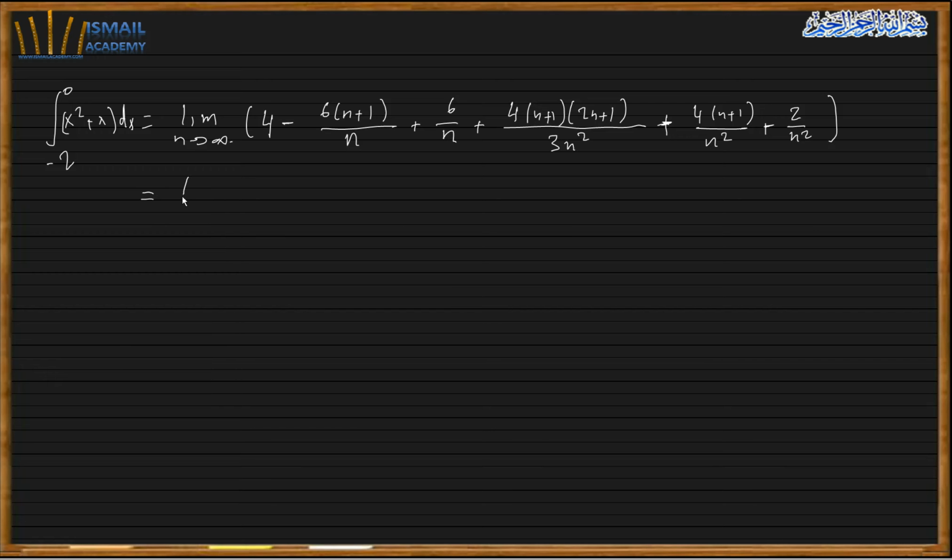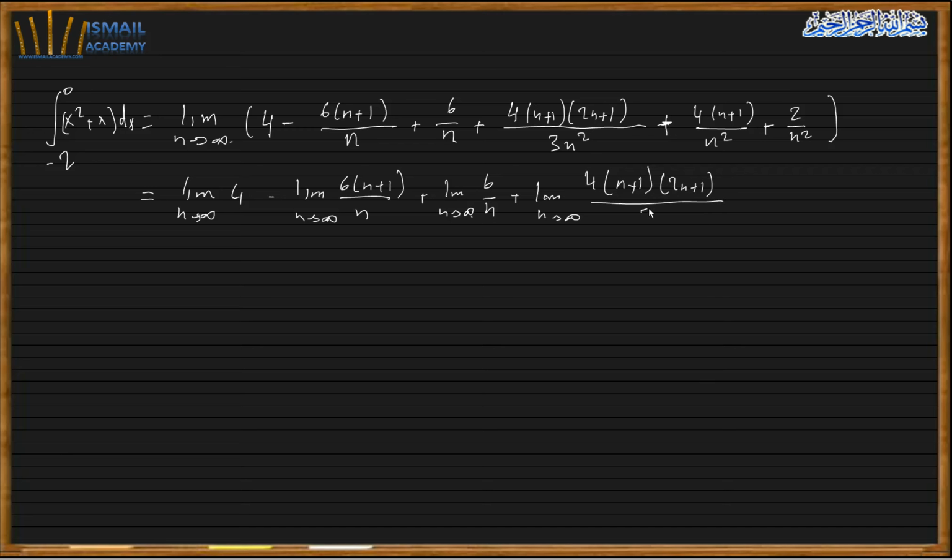So it's going to be the limit when n goes to infinity of 4, minus the limit of 6(n plus 1) over n when n goes to infinity, plus the limit of 6 over n when n goes to infinity, plus the limit when n goes to infinity of 4 times (n plus 1) times (2n plus 1) over 3n squared, plus the limit of (4n plus 1) over n squared when n goes to infinity, plus the limit of 3n squared when n goes to infinity.